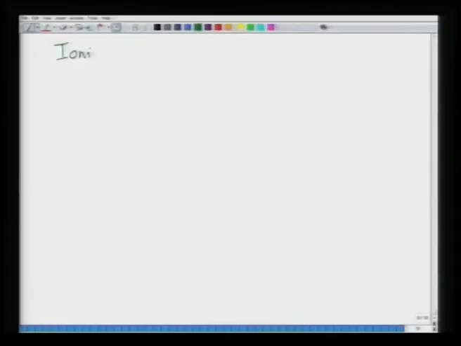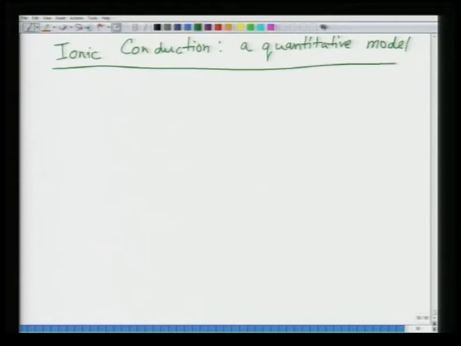So, basically the picture is something like this. So, we will develop a quantitative model for ionic conduction.